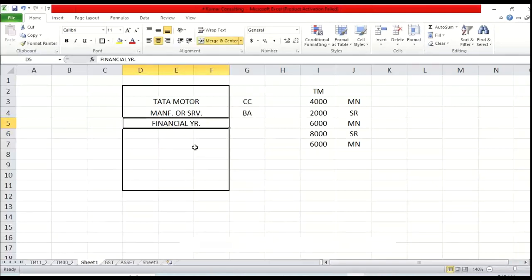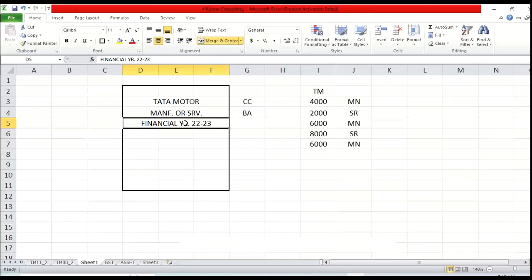This transaction belongs to which financial year?